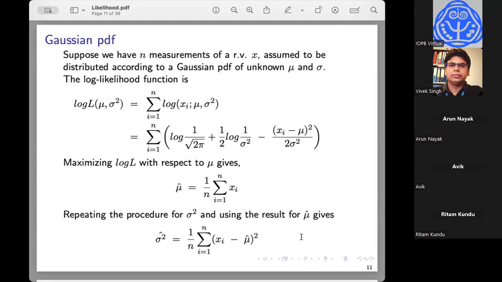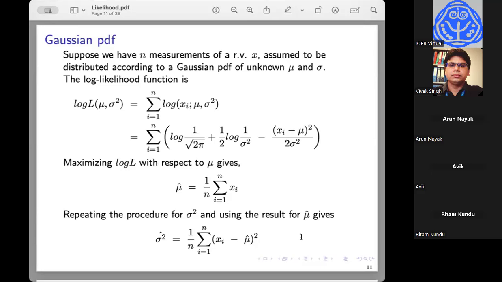Sir, I have one question on the last expression. Here it is written that sigma square hat is 1/n, but some slides before you showed that the sample variance is proportional to 1 by n minus 1. Yes, that was the functional form of the sample variance.